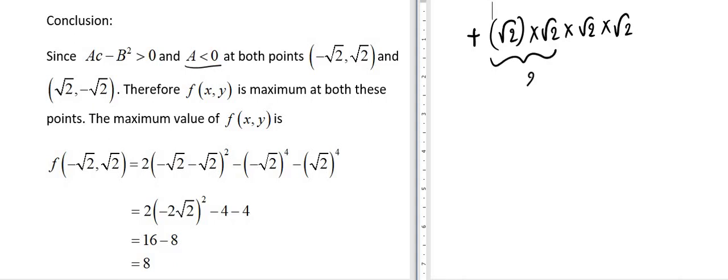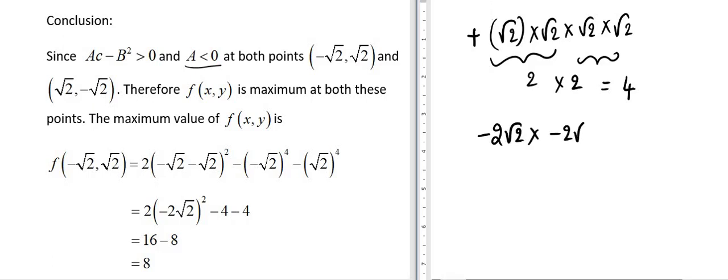So this is 2, this is 2. 2 2s are 4. Similarly, root 2 power 4 is 4. Here we have minus sign, minus 2 root 2 into minus 2 root 2.